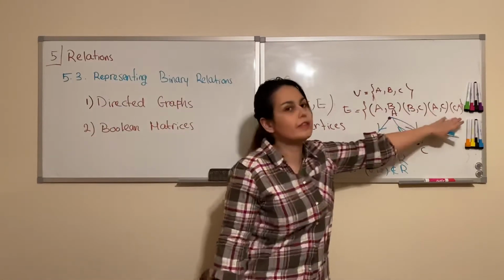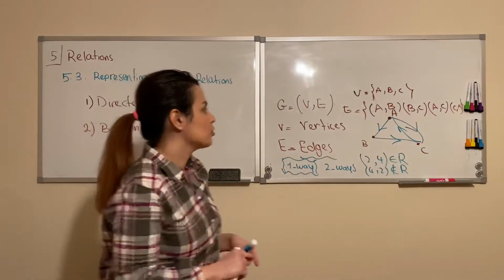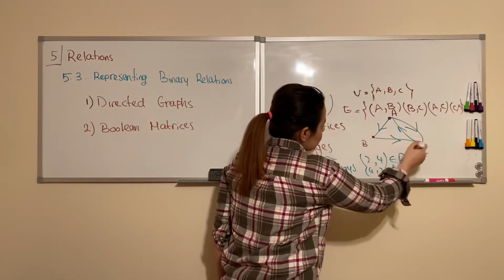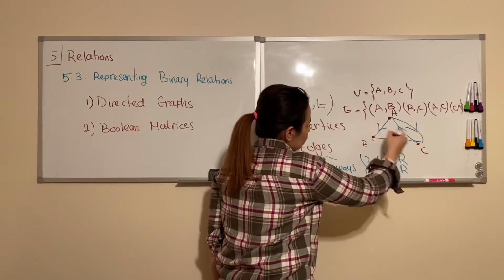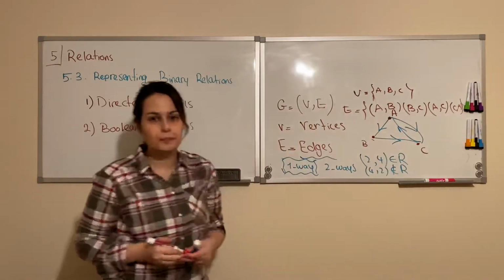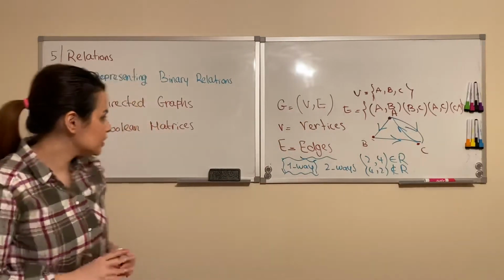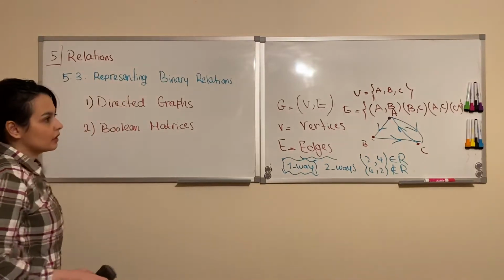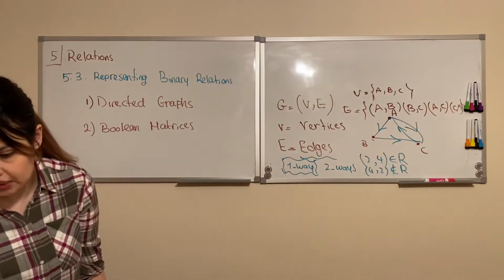A and C is different than C and A. So when I see B and C, I know that the arrow is from B to C. I cannot show it by C to B. So a graph is one way to represent our relations, and we are going to see one example here.